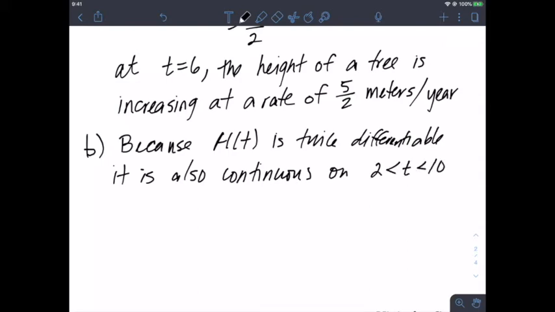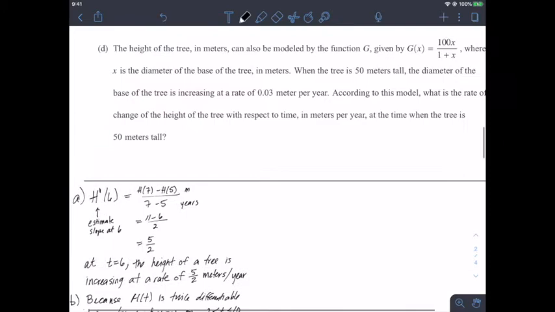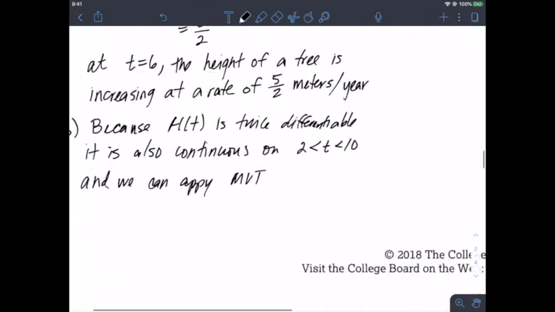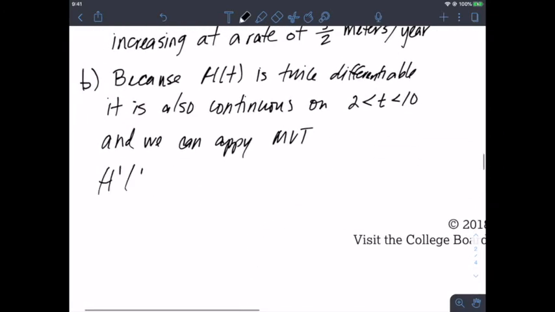Okay, and we can apply MVT. So we're looking for somewhere between 2 and 10 to where the slope is 2, because we want to show somewhere where h prime of t is equal to 2. So we're looking for somewhere where the slope is 2.